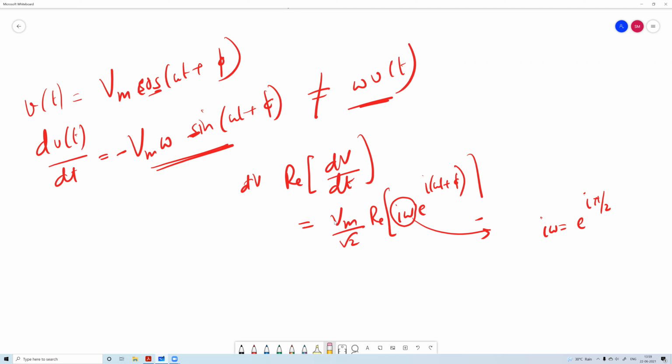Because what is this? e to the power of i pi by 2, that is cos of pi by 2 plus i sine of pi by 2.